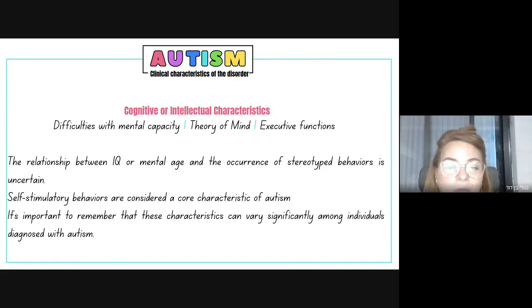The relationship between IQ or mental age and the occurrence of stereotyped behavior is uncertain. Self-stimulatory behaviors are considered a core characteristic of autism. It's important to remember that these characteristics can vary significantly among individuals diagnosed with autism.